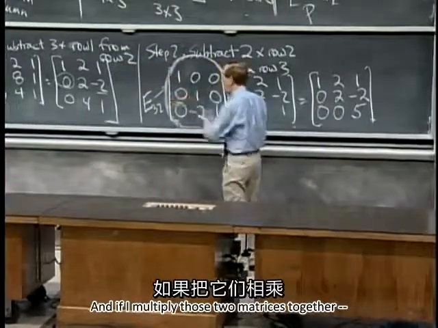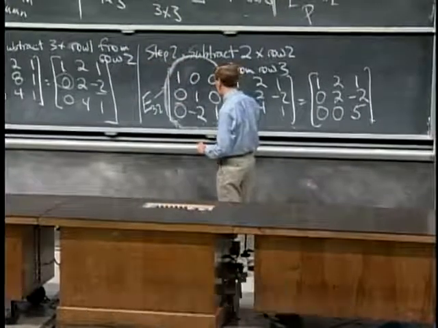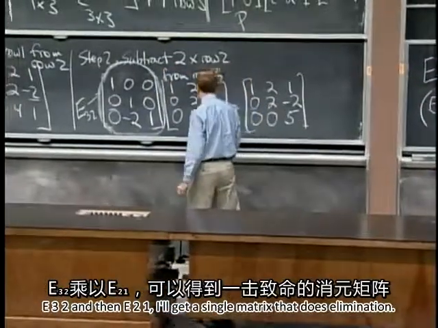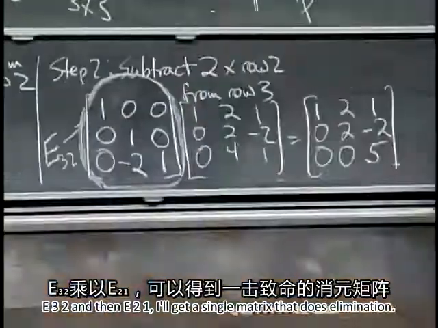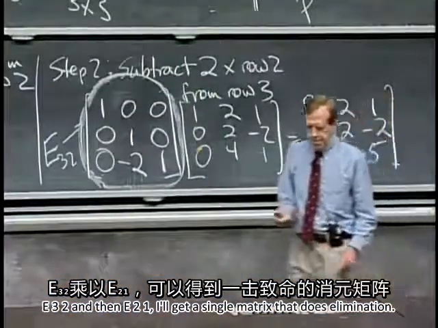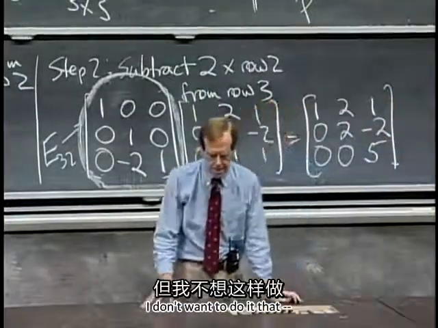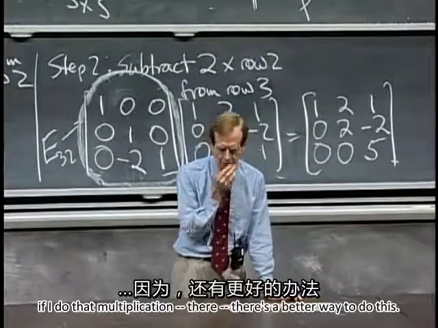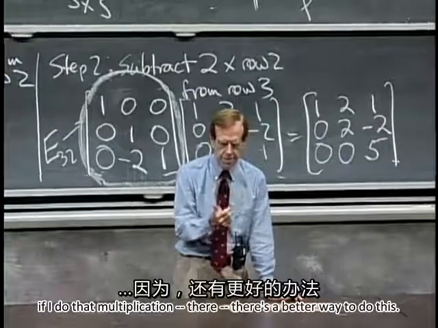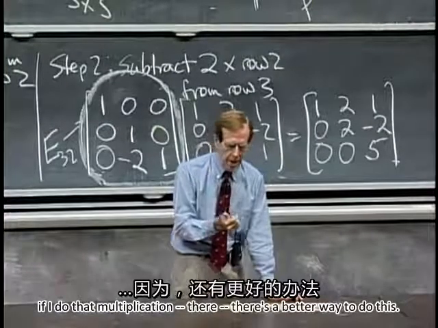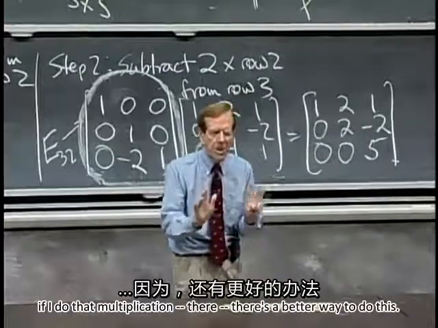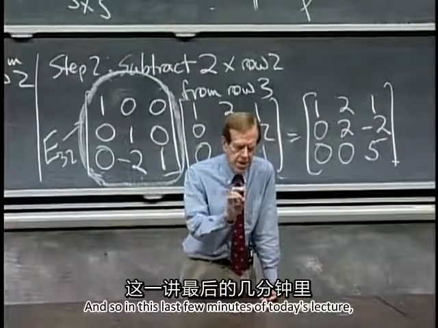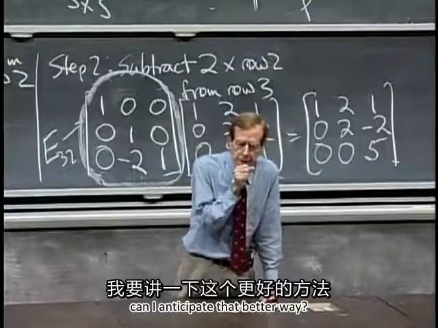And if I multiply those matrices together, E32 and then E21, I'll get a single matrix that does elimination. I don't want to do it that way. There's a better way to do this. And so in this last few minutes of today's lecture, can I anticipate that better way?